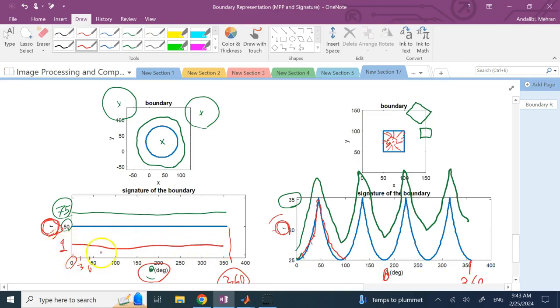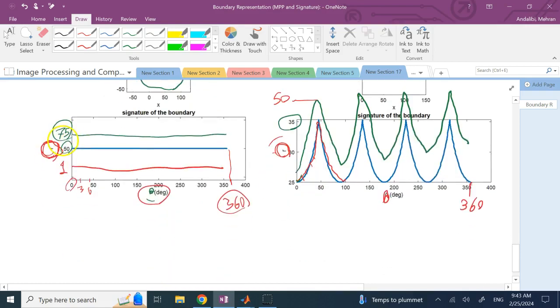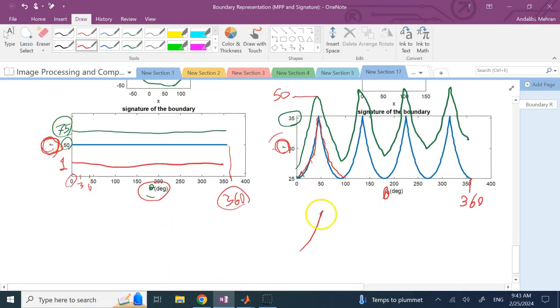So if I see max value at 1, that means clearly what? That's a circle. And here too, if I divide the blue one by 35 and the green one by, I don't know, maybe 50, then it's going to be the same, but this maximum here is going to be 1.